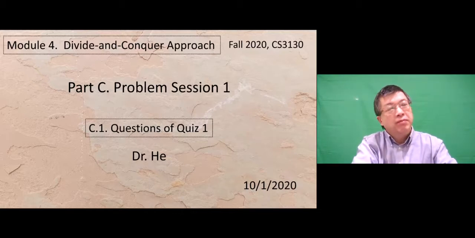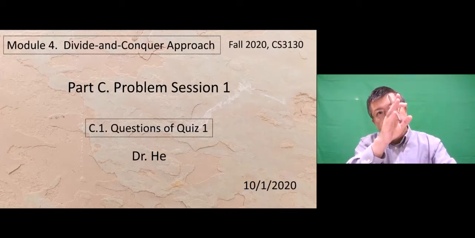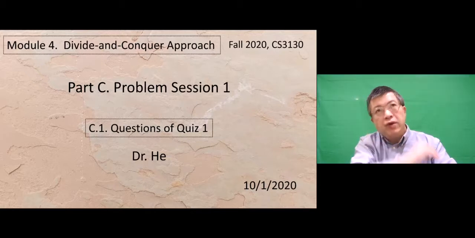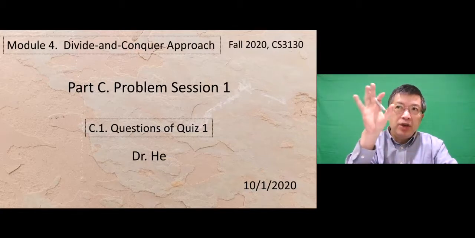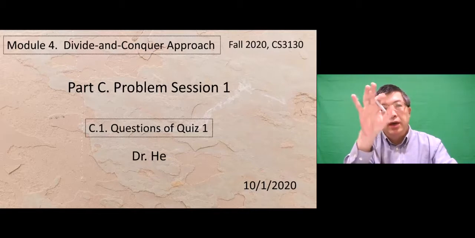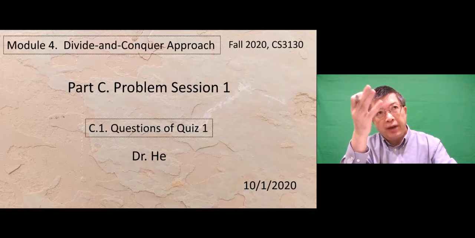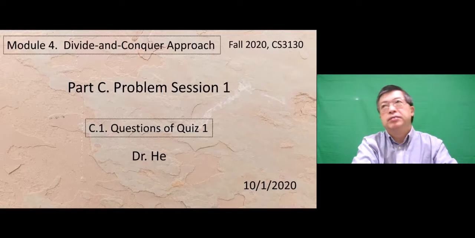I believe there are some questions there that are not very easy, so I want to explain some of them. I may also find similar questions, different but of a similar type, and solve a few like that, just to give you some ideas how to solve those homework questions. All right, so let's start.